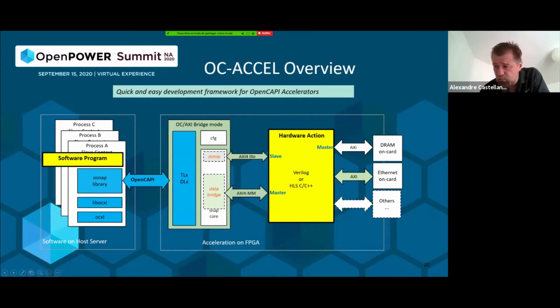Coming with OpenCAPI will come a bunch of hardware description that will go, remember the blue area of the chip, that will allow the intercommunication of the host memory and the FPGA. And on the software side, very small libraries, because most of the driver has been written in hardware inside the Power 9 chips.